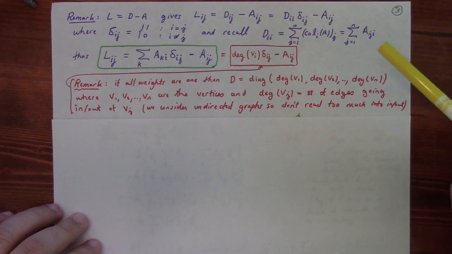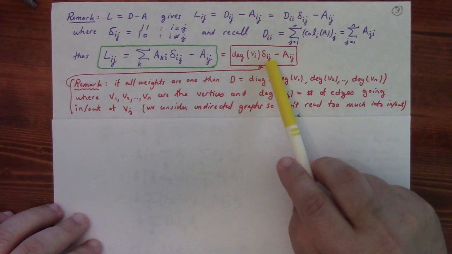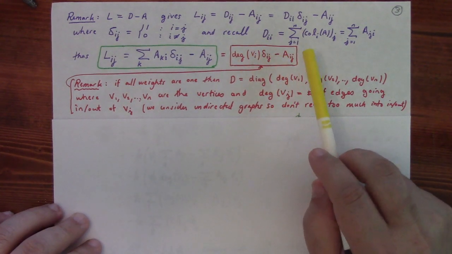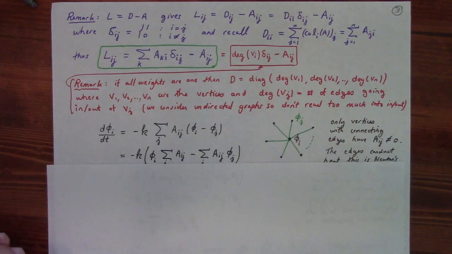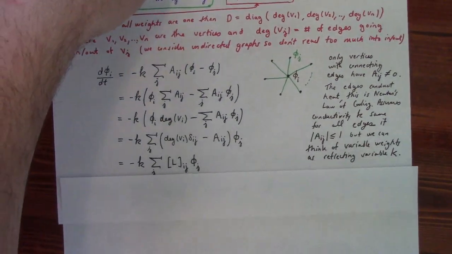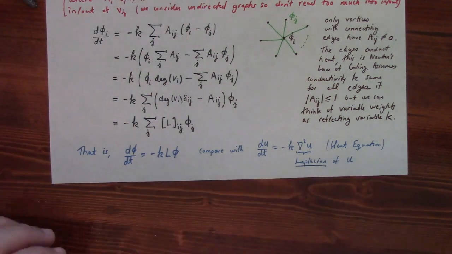So we could write the graph Laplacian as a diagonal matrix of degrees minus the adjacency matrix. All right, great. So you can think about the heat equation. Now let me try to, I don't know if this picture is too great, not really.